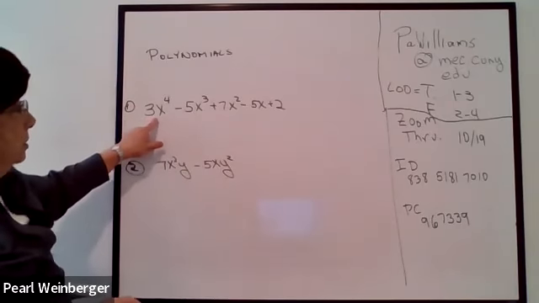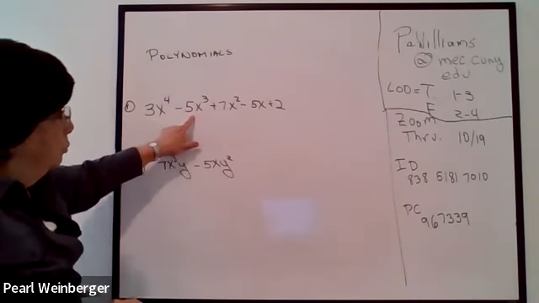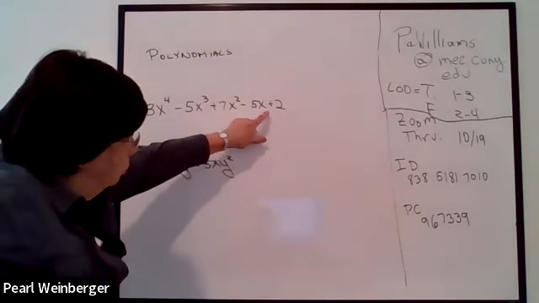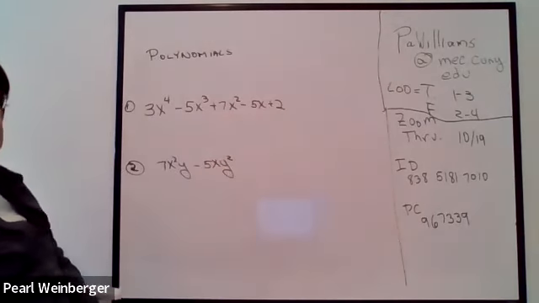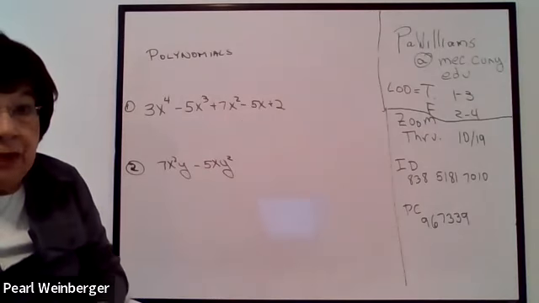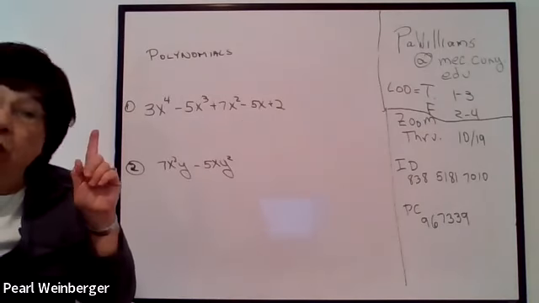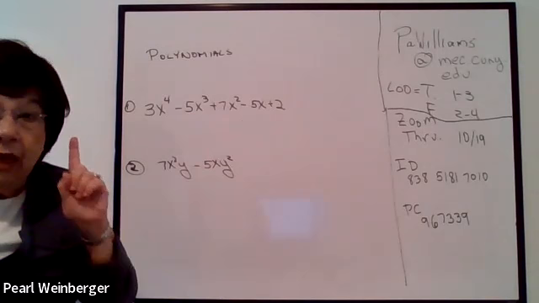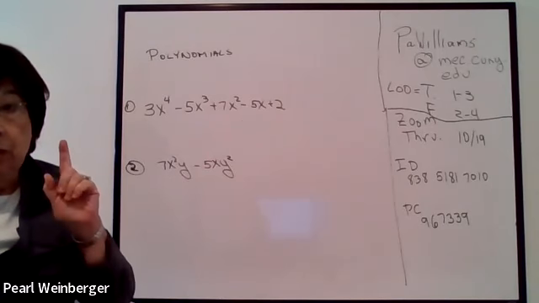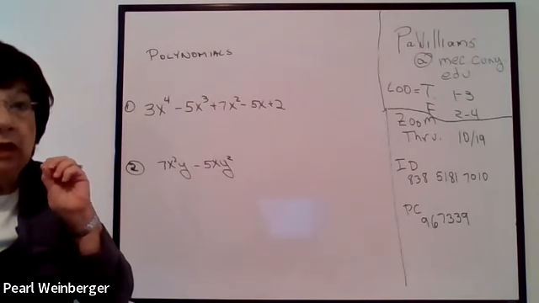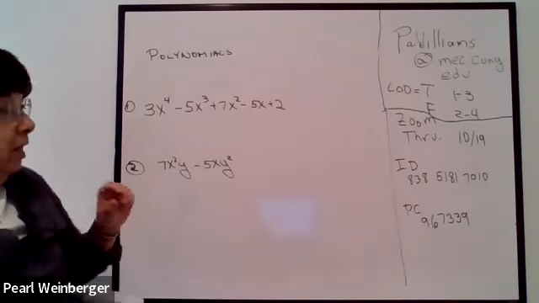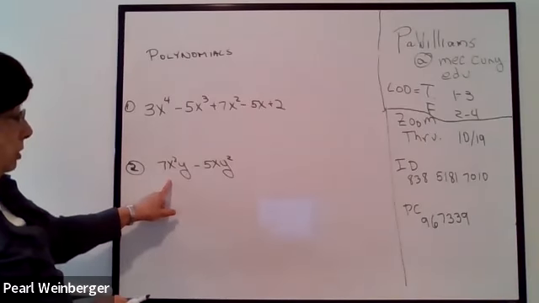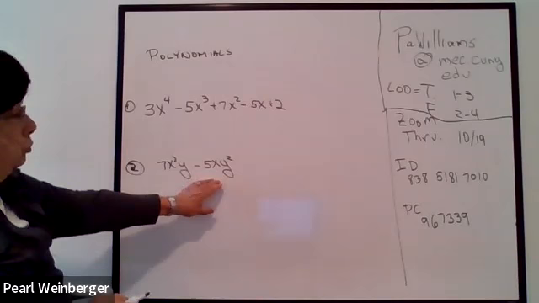In this case, we have 1, 2, 3, 4, 5 terms. That is called a polynomial. If we have only one term, it's called a monomial. But more than one term is a polynomial. Actually, this one has 2 terms.